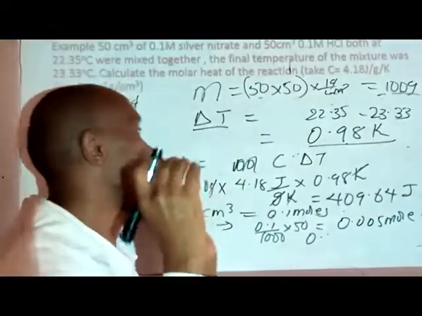Once you've done that, ladies and gentlemen, if there is something that you need to take note of, it is that statement. What is the thermometer surrounded by? If you can always ask yourself that question, then you'll never get it wrong.